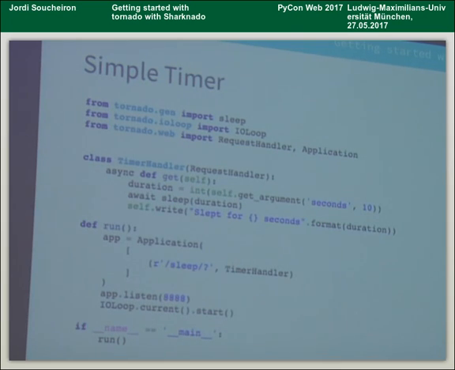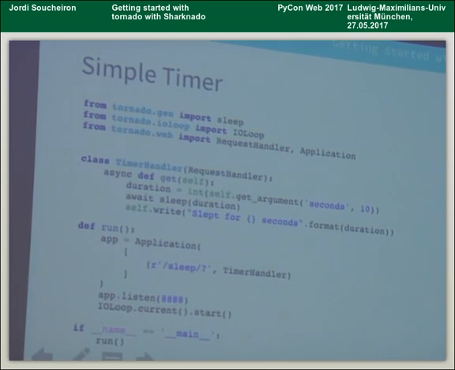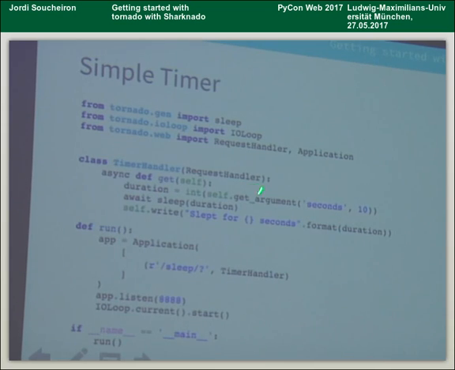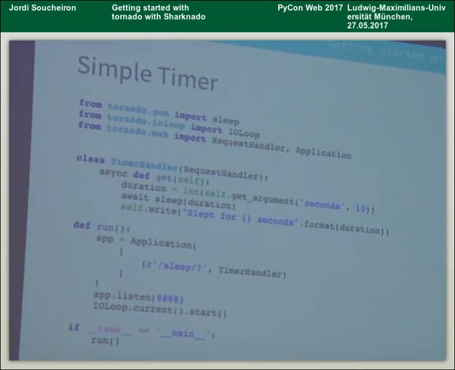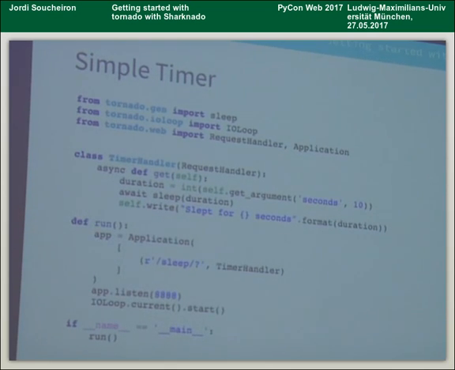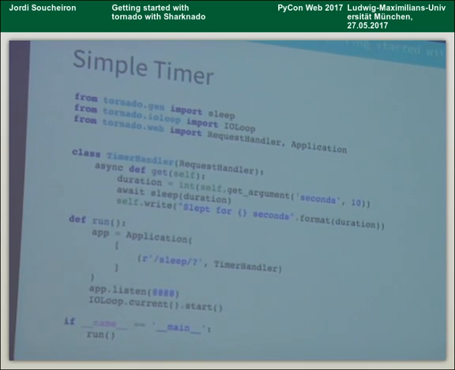The default will be 10, and what we will do here is call await sleep for the time that this happens. This method will actually trigger the IO loop, so we would be context switching, so we're not blocking the rest of the requests happening in this CPU. If we were to do this in a Flask application, we would be blocking that worker for 1 second. In Tornado, this is basically instantaneous.